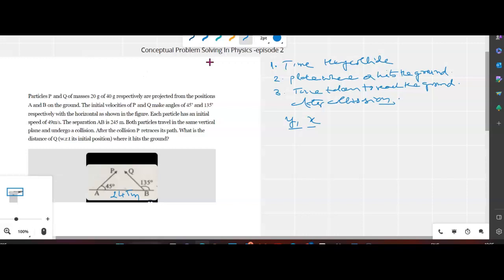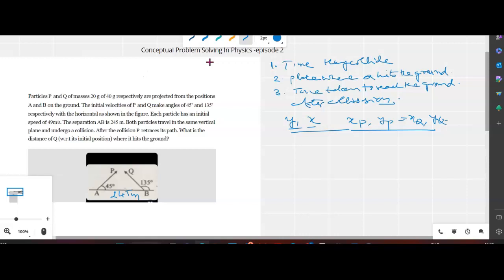So we will get the trajectory, and when they collide, x of P and y of P are equal to x of Q and y of Q. This is mathematics, but if you apply the physics or the concept, we can see that both of them are going with the same speed. They are moving in the opposite direction, so they travel the same distance in the same amount of time. Obviously they will collide in the middle because they have to travel equal distance.